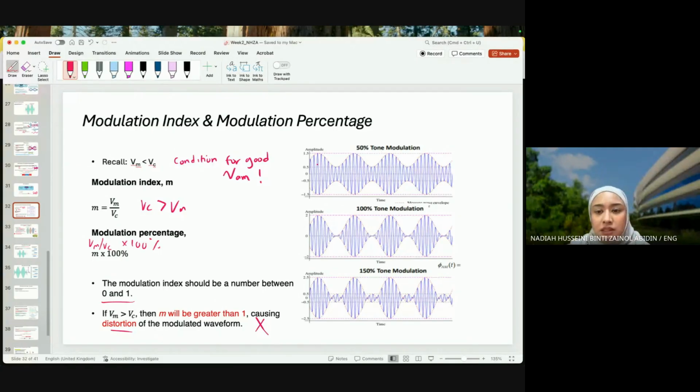Okay, so this is an example of AM, amplitude modulation. This is 50% modulation.